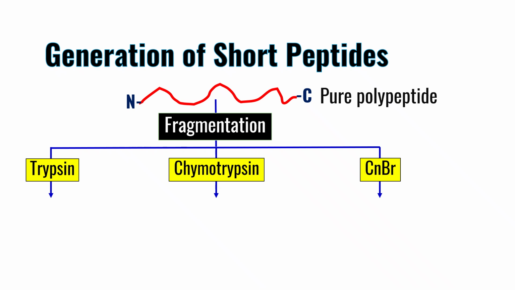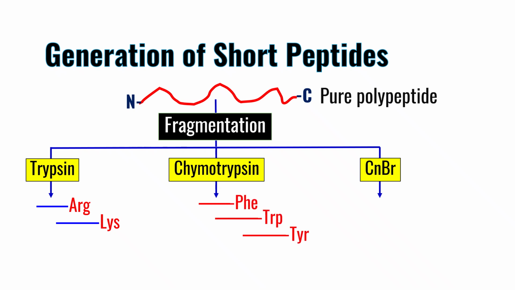These enzymes, for example trypsin, generate peptides which are tagged at their C terminus with arginine or lysine, whereas chymotrypsin generates fragments which are labeled with phenylalanine, tyrosine or tryptophan at their C terminus, and CNBr attacks at methionine residue. So these are very helpful in aligning the final sequence. These peptides are individually separated and they are ready for sequencing.